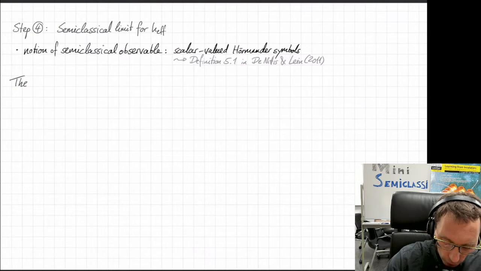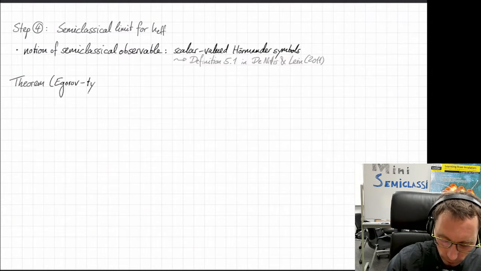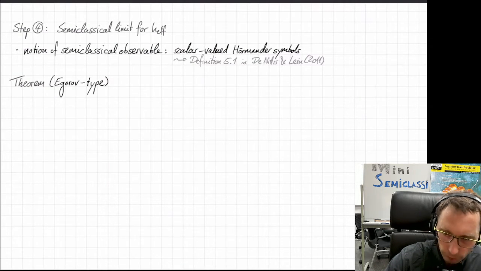So now we can use an Egorov type theorem to prove a semi-classical limit. Let me just write it in words, because I've given the assumptions and you can read up on the details.